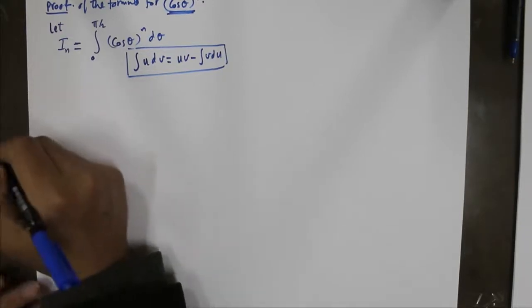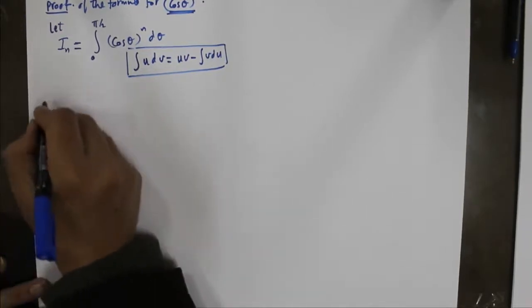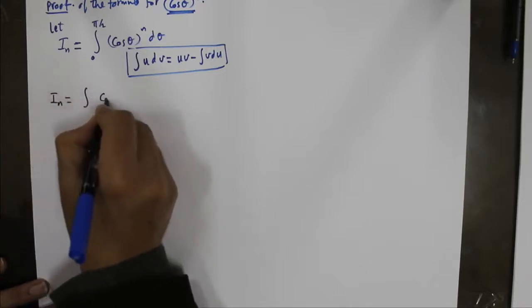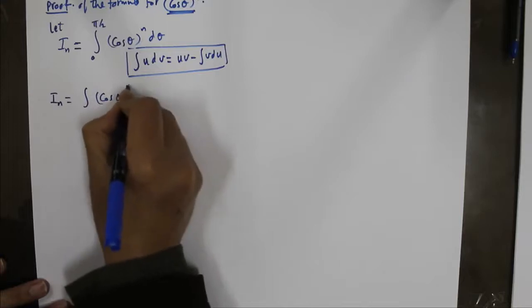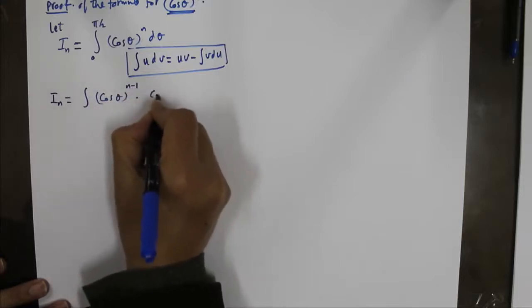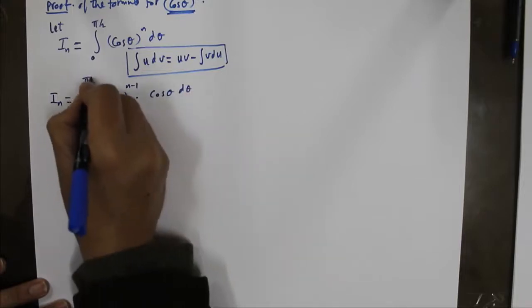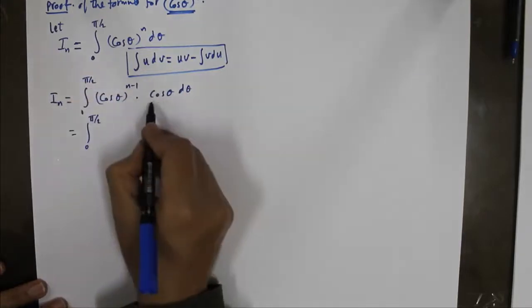By the integration by parts, we divide it into two parts. Integral of cosine theta power n minus 1 times cosine theta power 1 d theta from 0 to pi over 2. This is the u and this is the dv.